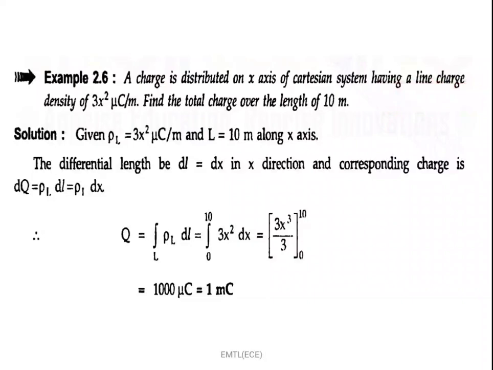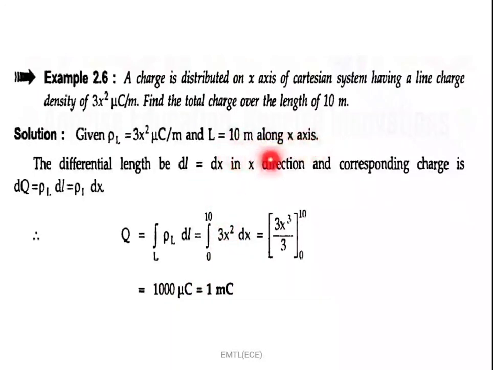So we already know that in a Cartesian system for the line charge distribution case, the charge dq is equal to rho L dl. So to determine the q value, simply integrate on both sides, then the q formula is integral rho L dl. Here the limits of L are from 0 to 10. Why?